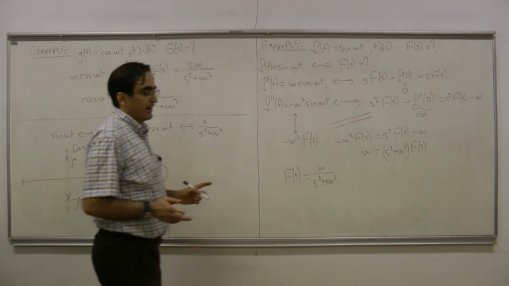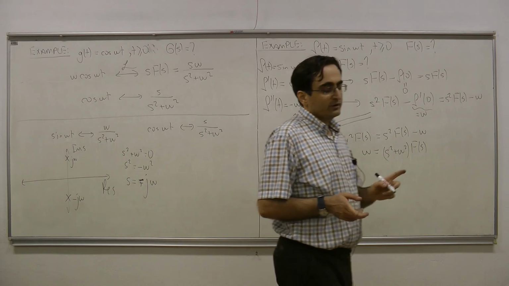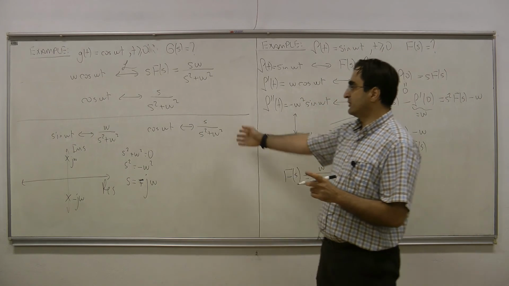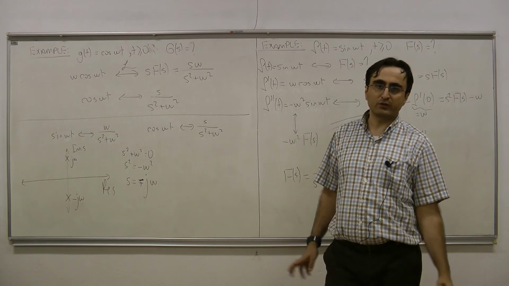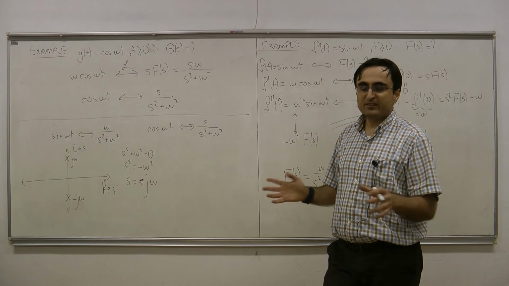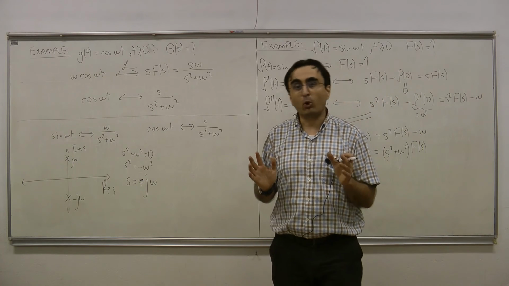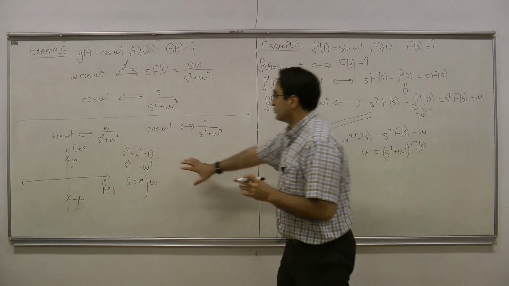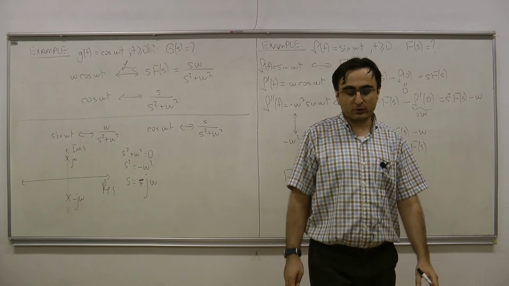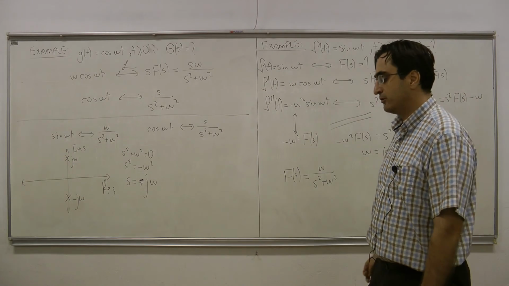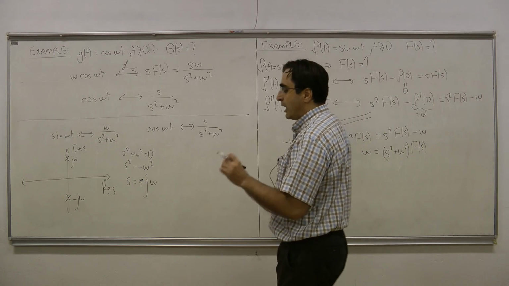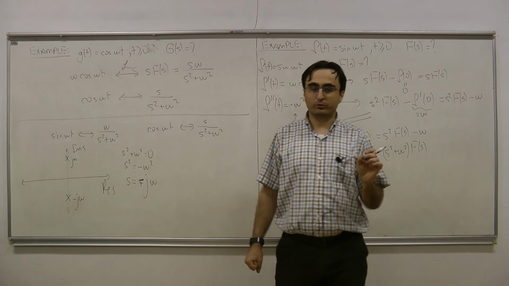So we see that for the sine function, and we will see that it's the same for the cosine function, we have pure zero real part poles. So that is the characteristic of the sine and cosine functions. They always come with imaginary poles.